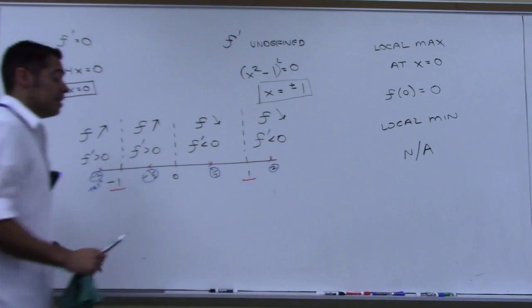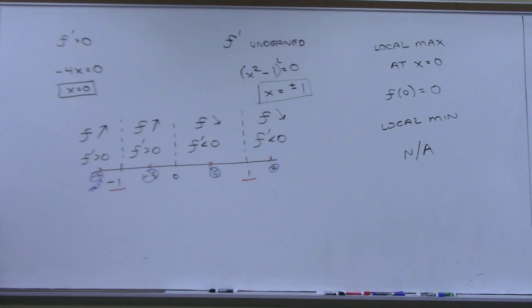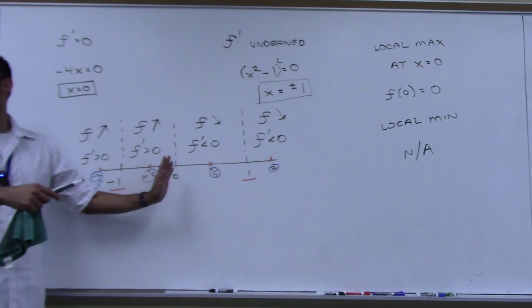That's a great question. If they ask you where it's increasing, what would you say? We don't have to do that for sketching, they're not asking us that. But where are you increasing? Negative infinity to negative 1, union negative 1 to 0.